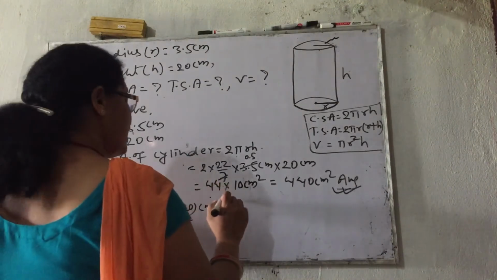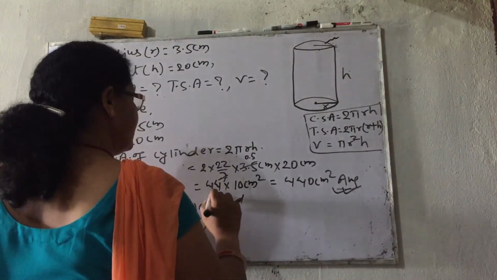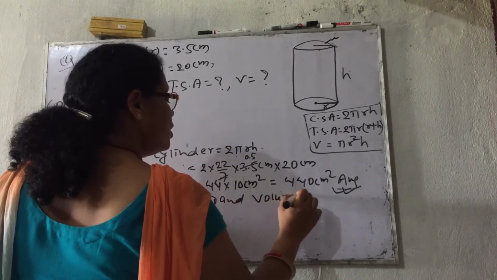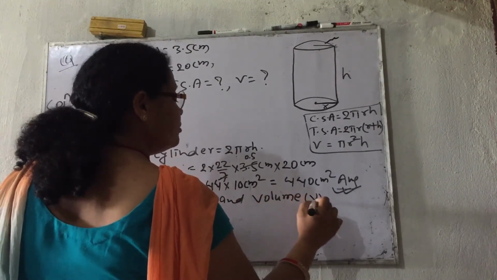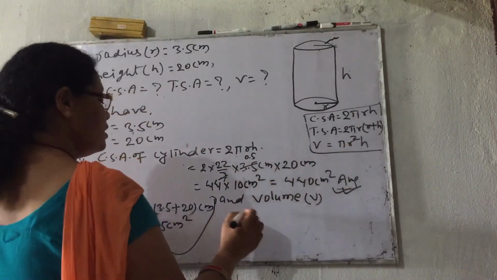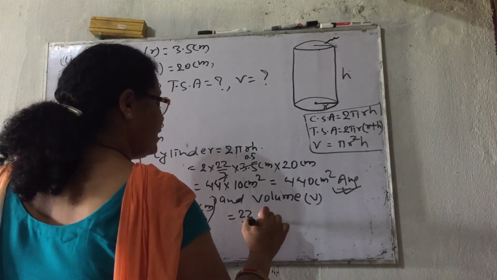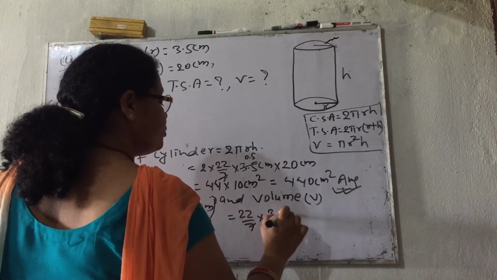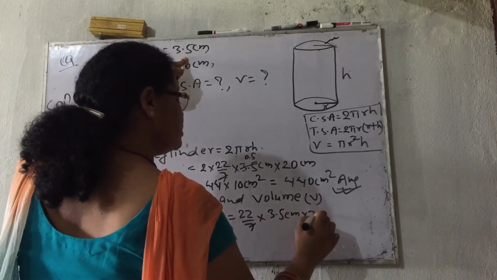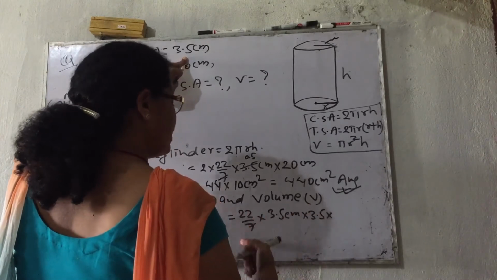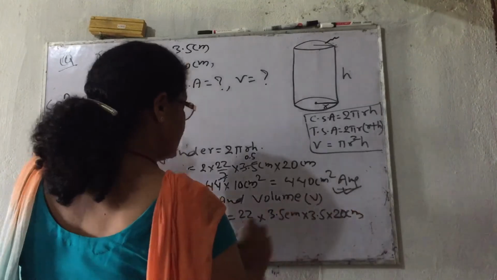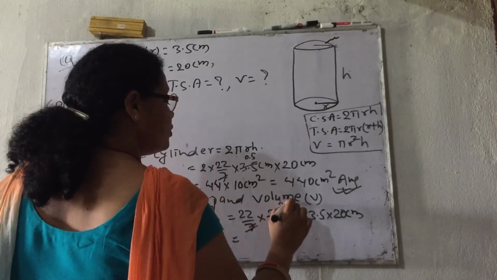Now in third number we have to find out the volume of cylinder, V equal to. What is the volume of cylinder? Pi r square h. So it will be pi r square, that means 3.5, r is given 3.5, into 3.5 into h, which means 20 cm, equal to, it will be 0.5.